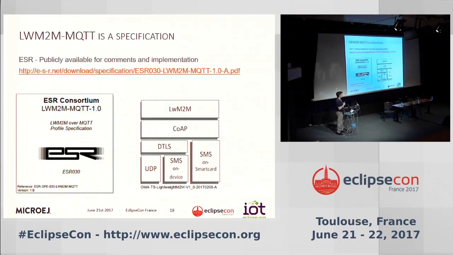Out of this work, we created a specification that is available in the ESR consortium as a proposal for everyone to comment and to implement. The ESR specifications are free.